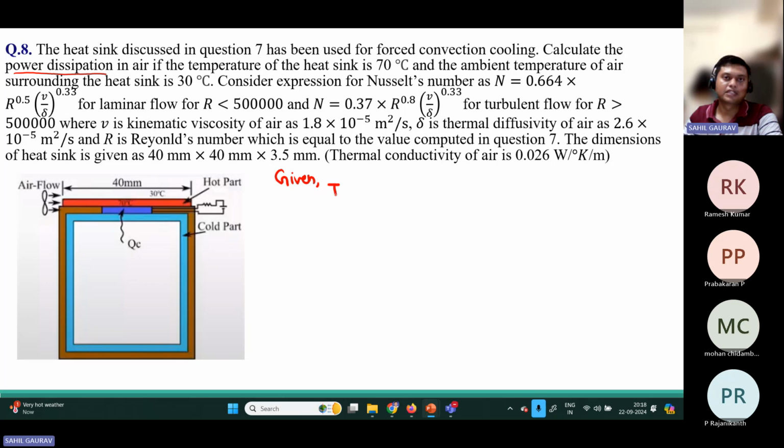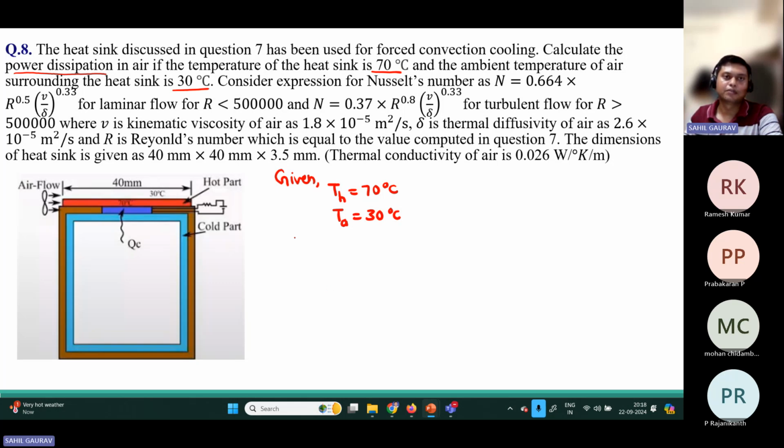Temperature of the heat sink is given as 70 degrees Celsius, and ambient temperature is given as 30 degrees Celsius.